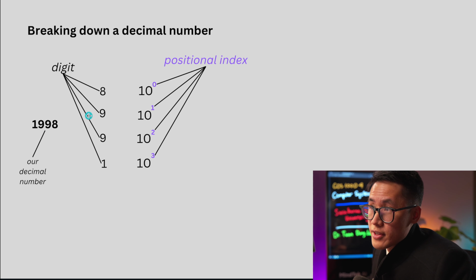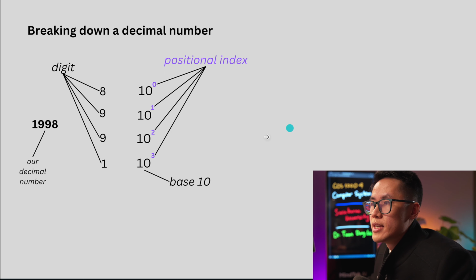The index of the digit 9 would be 1. And the position of the second digit 9 would be 2. And the position of number 1 is 3. And the number 10 here is called base 10.